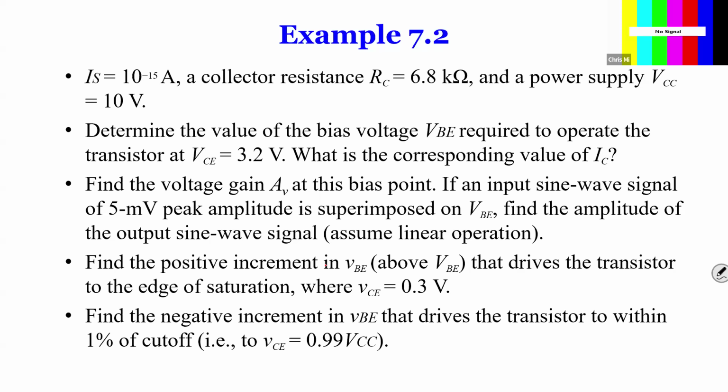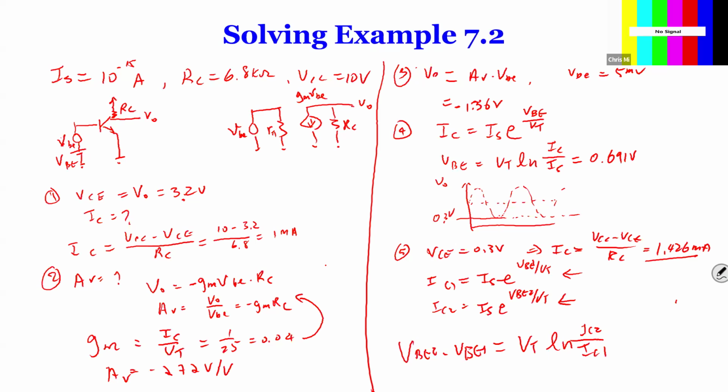Oh, so I use that for simplicity. IC1 is for VBE1 and IC2 is for VBE2, because for any given VBE, you got IC. So in order to distinguish between these two different values, you just simply name it IC1, IC2. That's the same current at a different input.